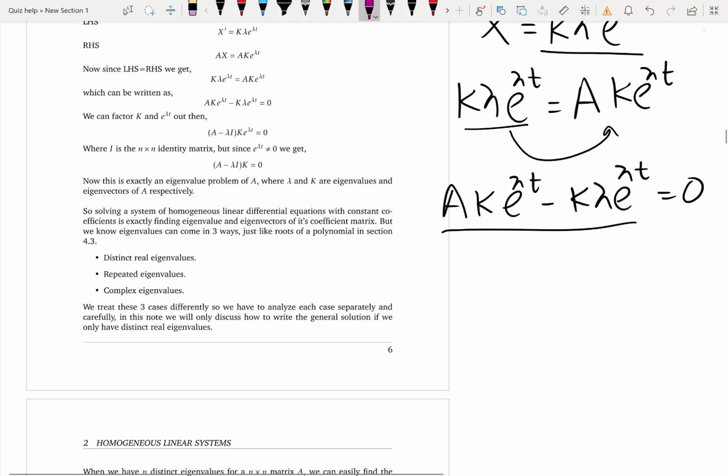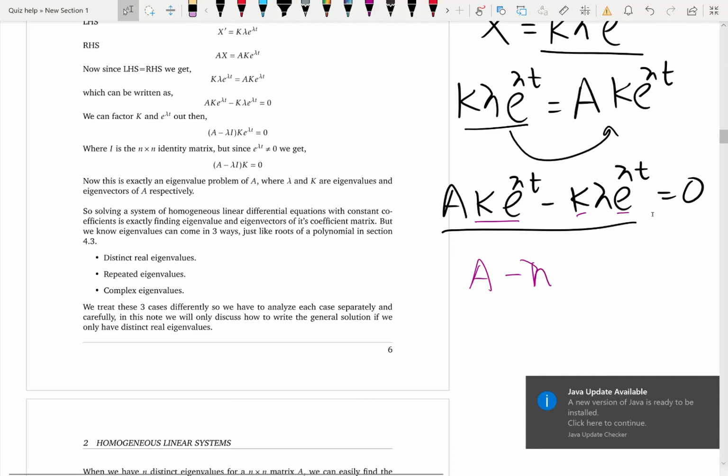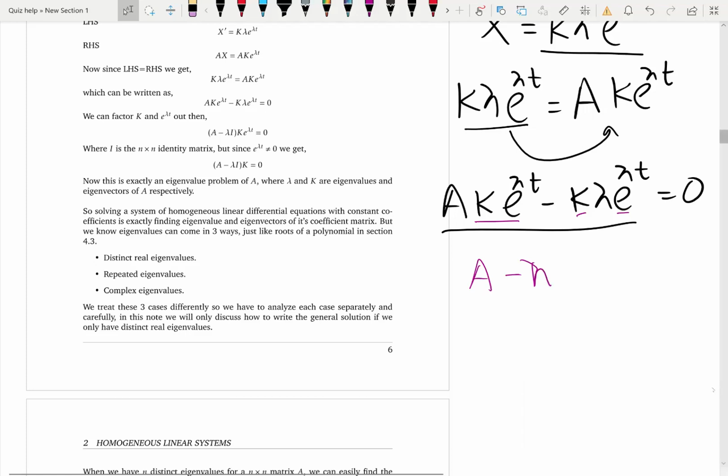Do we have something common? Yes, right, K e to the lambda t is common. So let's take that out. A minus lambda is left here. Now A is a matrix, so what you are going to have here is the identity. You cannot subtract a matrix and a constant, so it's lambda times I. You take out capital K e to the lambda t, equal to 0.